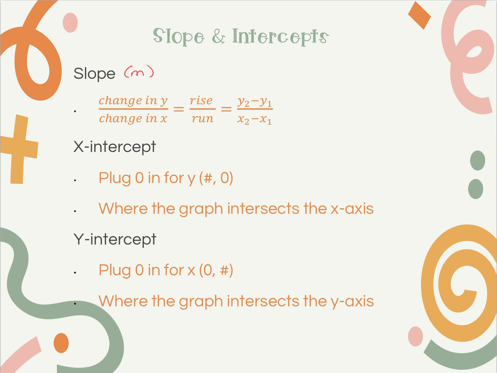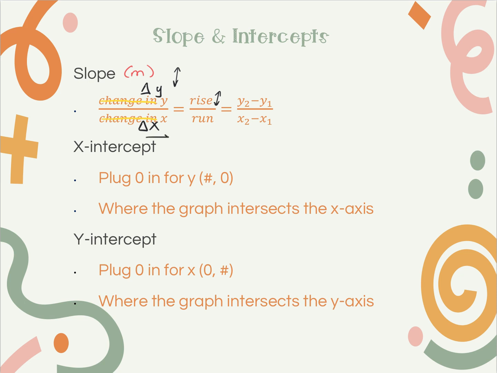Another thing that we use instead of the words "change in" is delta. Delta is a Greek letter, and it represents change in something. So delta y over delta x is a quick way to write it. Some people like to write it as the rise of the graph over the run. Again, notice that y is your up and down axis, and that's why rise is your up and down change.